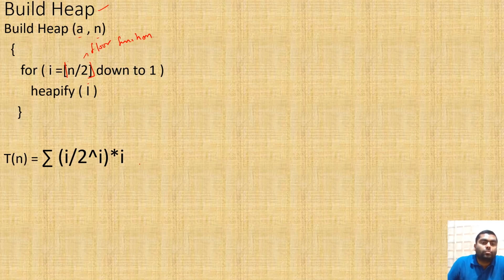Okay, so the time complexity for this is what? i equals 0 to log n times. So this is nothing but sigma i equals 0 to log n, of i divided by 2 raised to the power i.